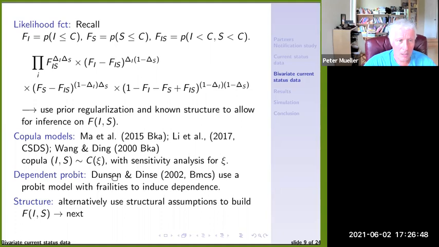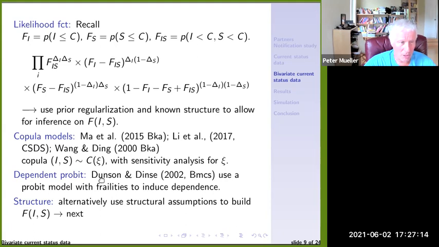A paper by David Dunson and Dinse, they actually proceed with Bayesian inference. They use probit models for independent distributions on the two event times, in our case, infection and symptom, and they introduce dependence by way of introducing frailties, and that also gets them dependent and informative censoring times.